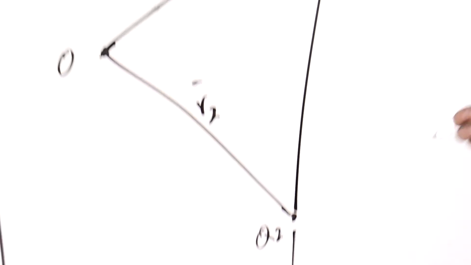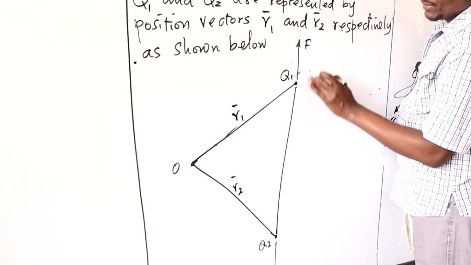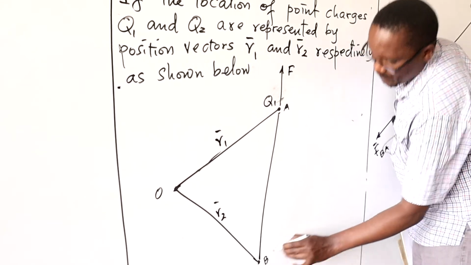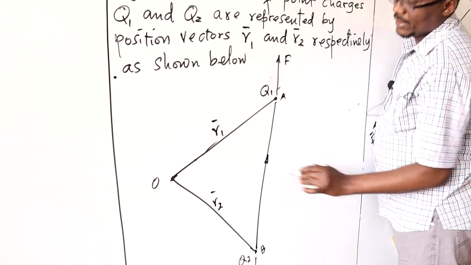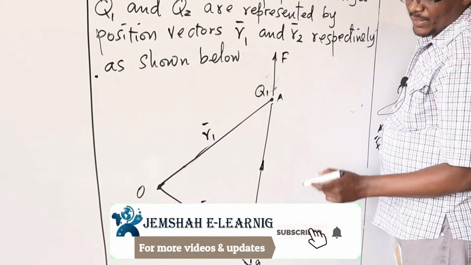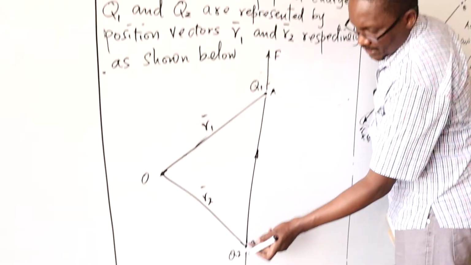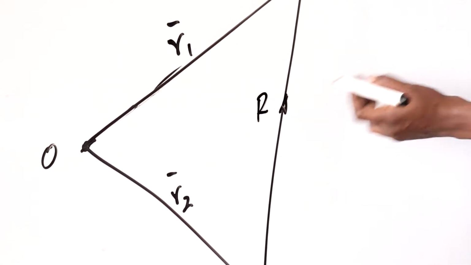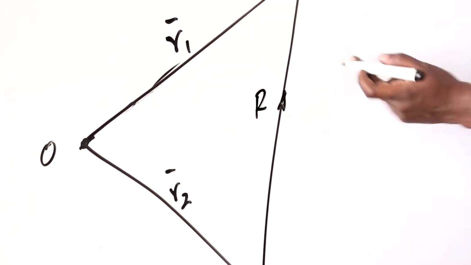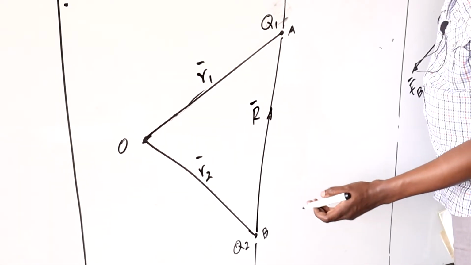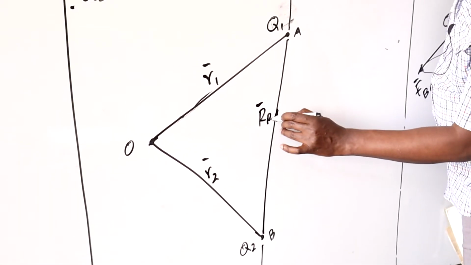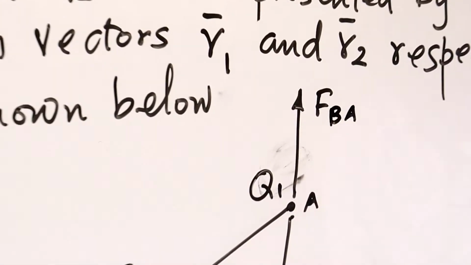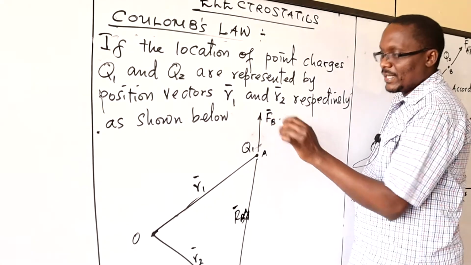So we are saying that moving from 2 to 1, say this is point A again, that is point B. So this is the direction. The distance of separation here is R, and we can represent it as a vector in that direction. It is R_BA bar. So this force is BA, because it's due to B in that particular direction.